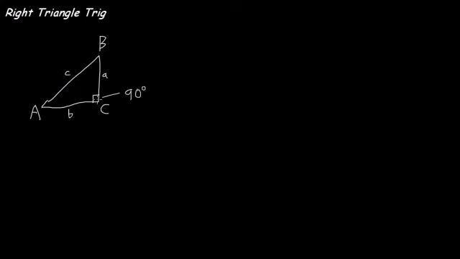So if we have a right triangle, some things we know already. We know that for any triangle, the sum of the angles is equal to 180 degrees. And if C is our right angle, we know that A plus B must sum to equal 90 degrees.